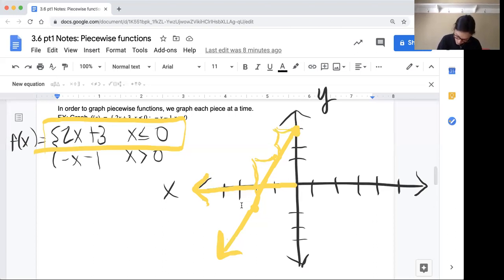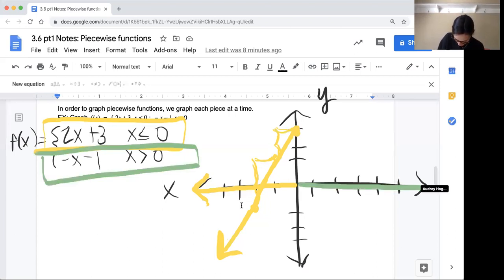On the other hand, when I go to graph this guy, negative x minus 1, that exists when x is greater than 0. So that's going to be the right part of the x-axis, when x is greater than 0. And so now I'm going to graph that line. It's also in slope-intercept form, which is nice. But the thing about this one is negative x minus 1. So if I go down to my y-intercept at negative 1, I'm actually going to put an open circle, because the domain is x is greater than 0, so it does not equal 0.